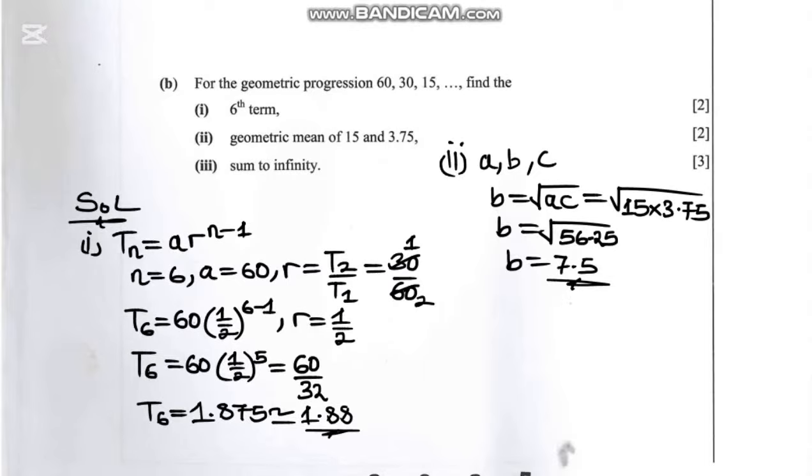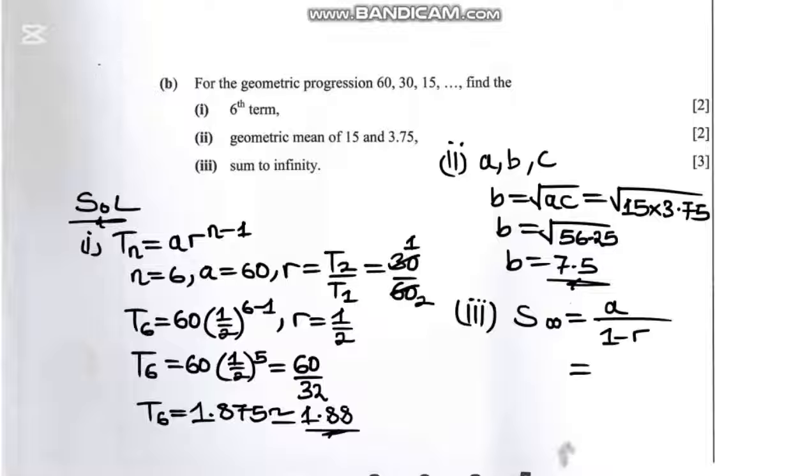Moving on to Roman numeral 3, find the sum to infinity. For this, we are going to consider the following formula. The sum to infinity is equal to a over 1 minus r. This simply means we are dividing a by 1 minus r, the common ratio.